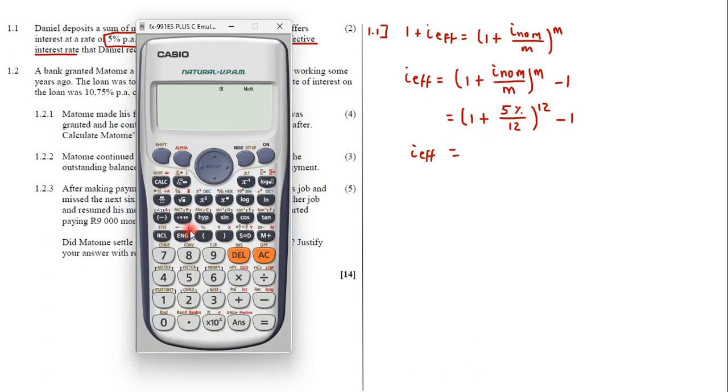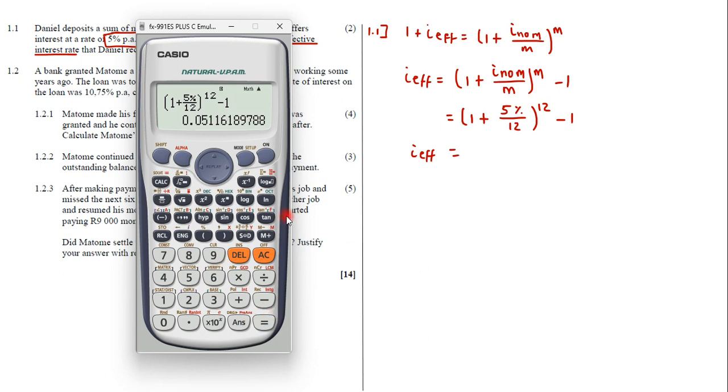Okay, so now here we have 1 plus 5% over 12, to the power of 12, minus 1. Now watch how I pressed it. Make sure that you put the percentage. If you're wondering how I press the percentage, you basically press shift and then you see this bracket here, and then it gives the percentage. So the calculator knows that by putting the percentage, you're saying 5 over 100, right?